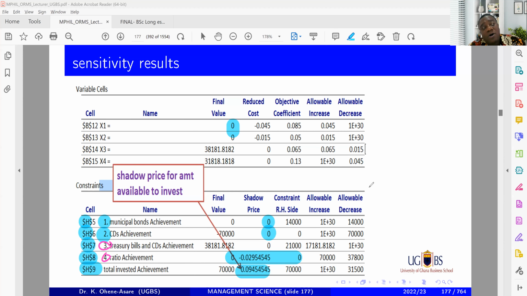Well, the last time I also did mention the shadow price can be positive or negative. What we said is that for constraint to be binding, the shadow price should be non-zero. That's what we said. It should be non-zero.